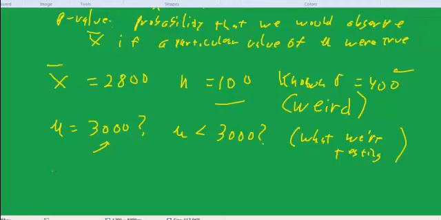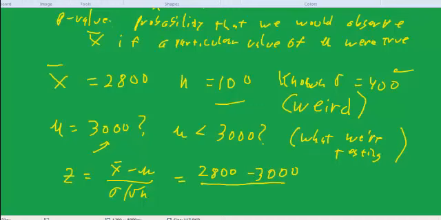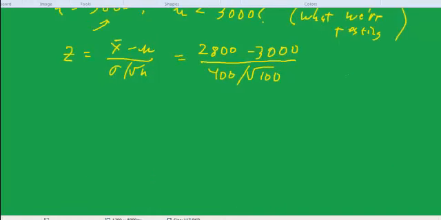So we'll create a z variable. Z is equal to x bar minus mu over sigma over square root of n, or 2800 minus 3000, over our sigma of 400 over square root of 100. I think that will come out to -5. 200 divided by 40, yes, it's -5.